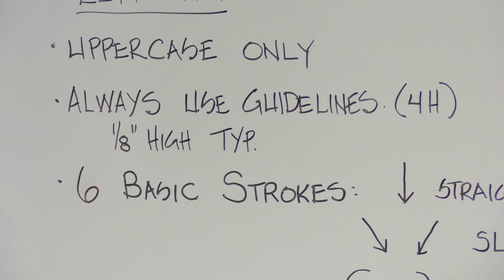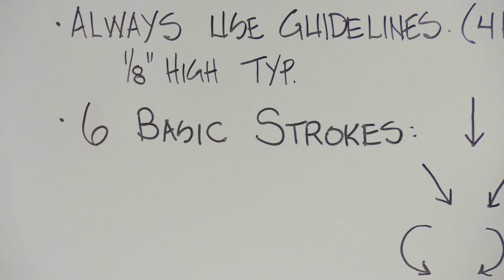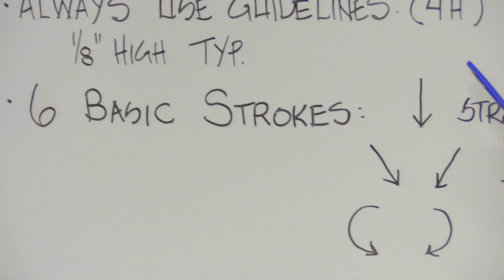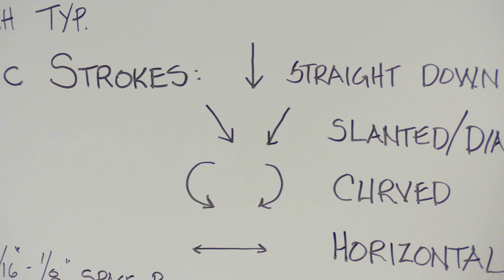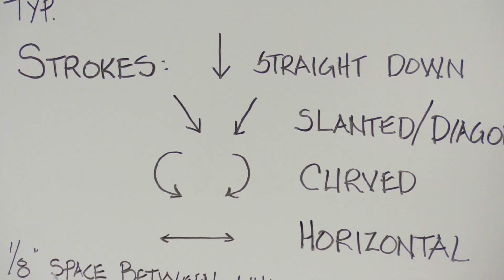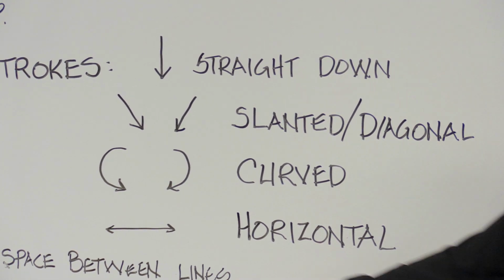If you're unsure of what size you're going to be making the letters, making them 1/8 inch high will be absolutely fine. 6 basic strokes. Remember to practice those before you write the alphabet. It'll just get you used to doing vertical lines, diagonal lines, curved lines, horizontal lines. Practice those, and you can practice them for a little while.